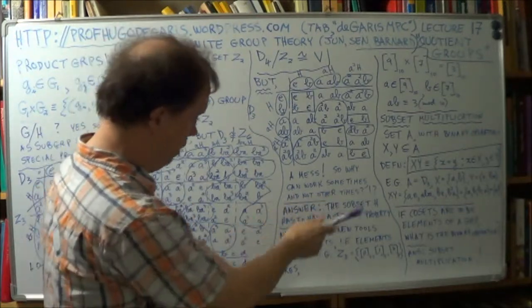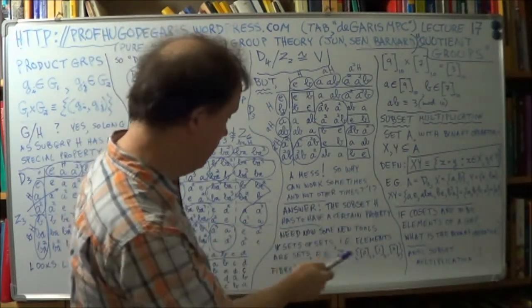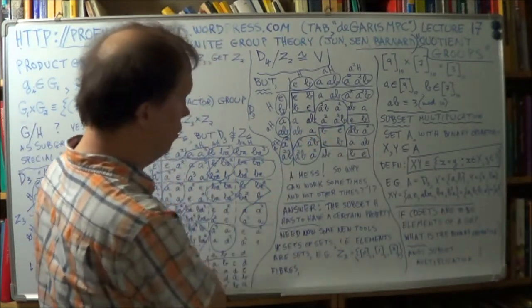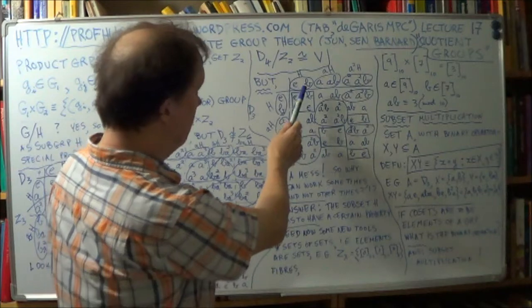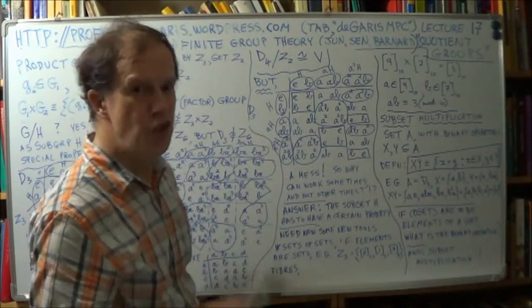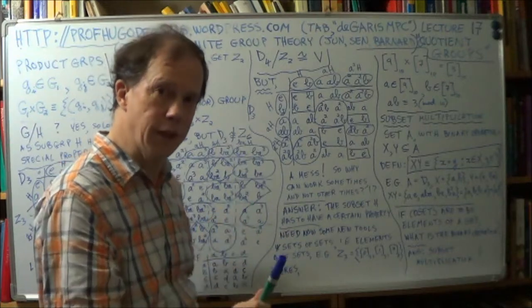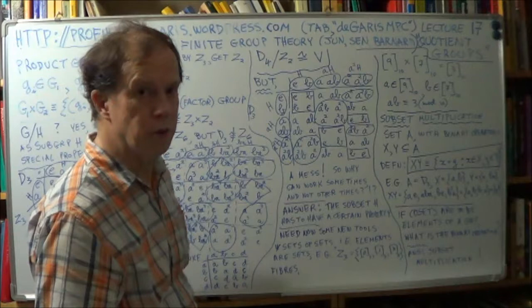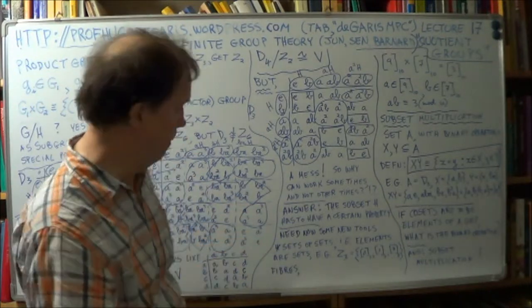And you'll see that as we progress in this lecture. So the answer to this problem, why does that not work and the other two do work, is that here the subgroup H does not have a certain property, whereas in these two cases, the subgroup H does, right?